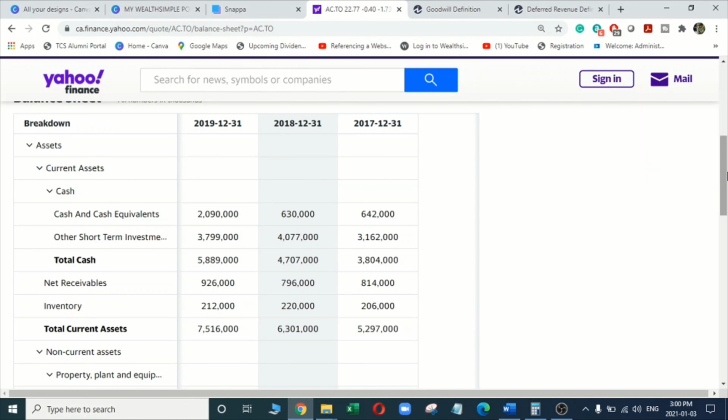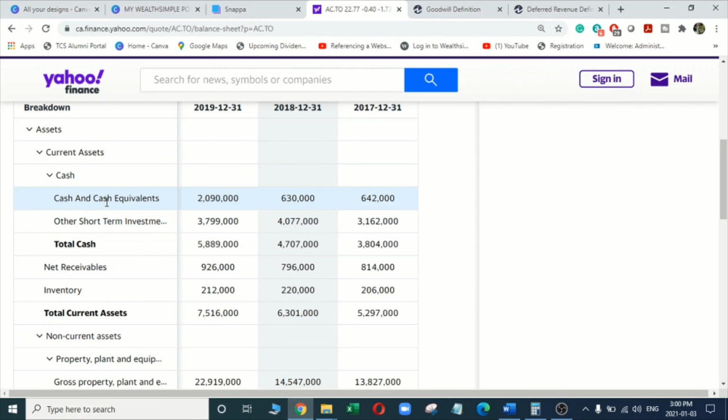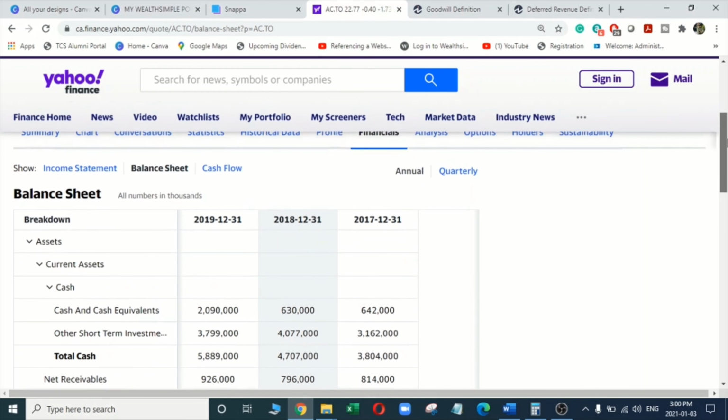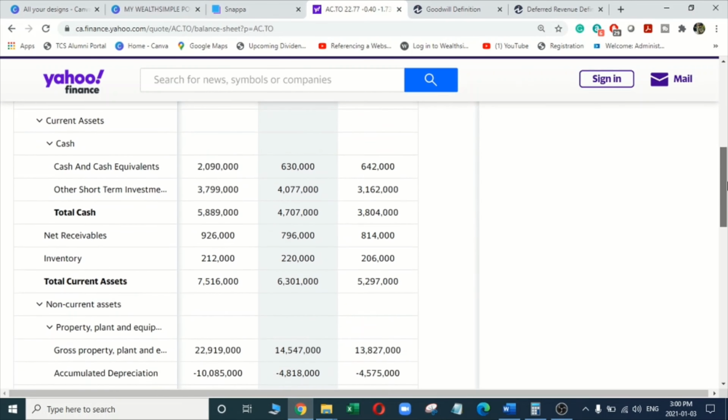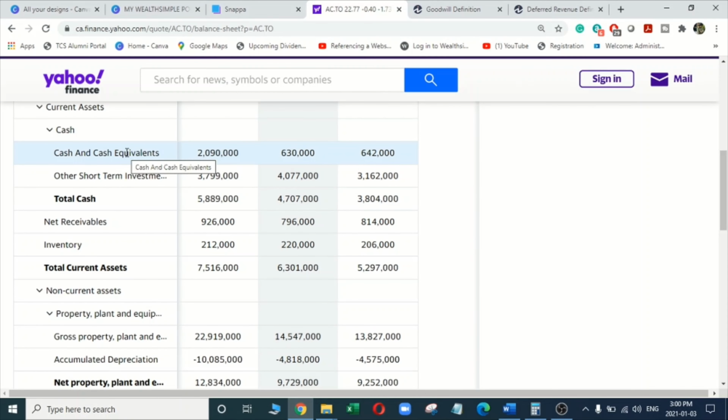In terms of Air Canada, we can see that the cash and cash equivalents come out to be nearly $2 billion. One more thing to consider, all numbers are in thousands. So the cash that Air Canada holds now is nearly $2 billion.